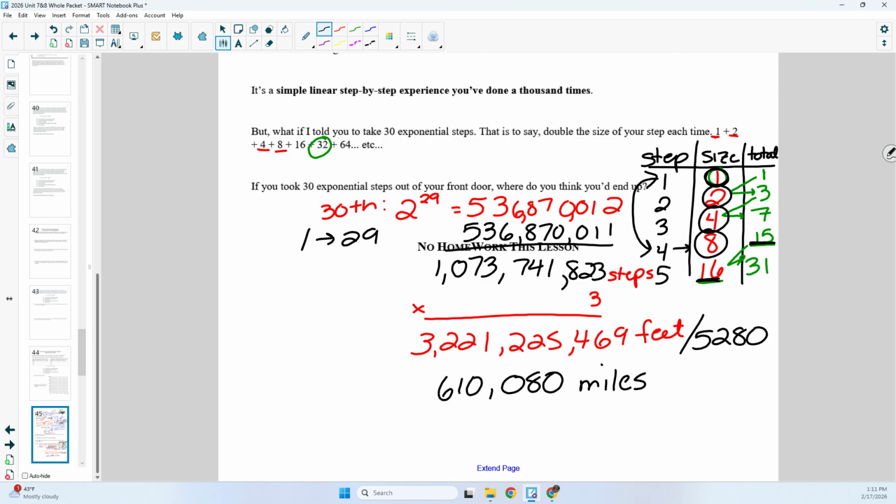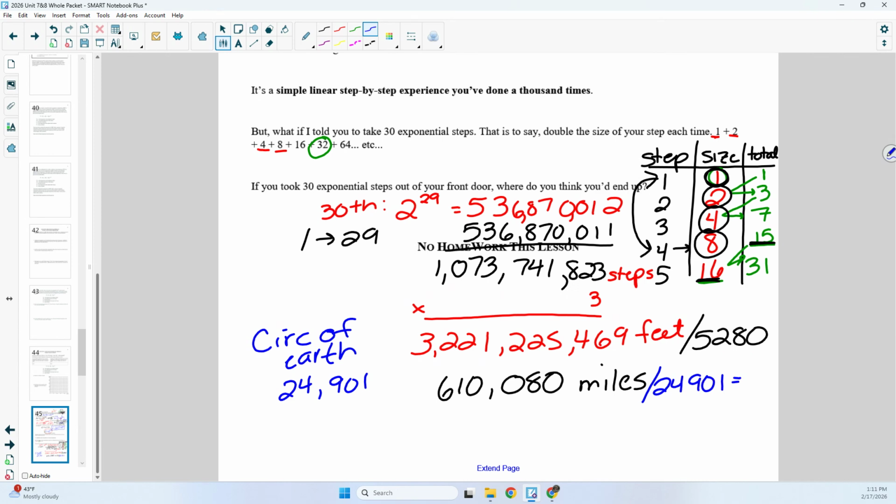So I looked up the circumference of the Earth. If you were going to go around the equator, that's 24,901 miles. Okay? So if I divide this, we can figure out how many times around the Earth that is.